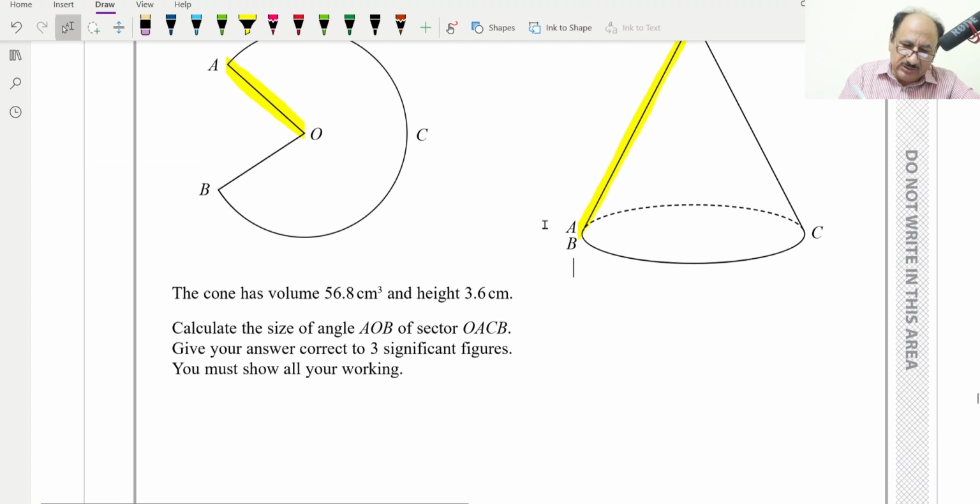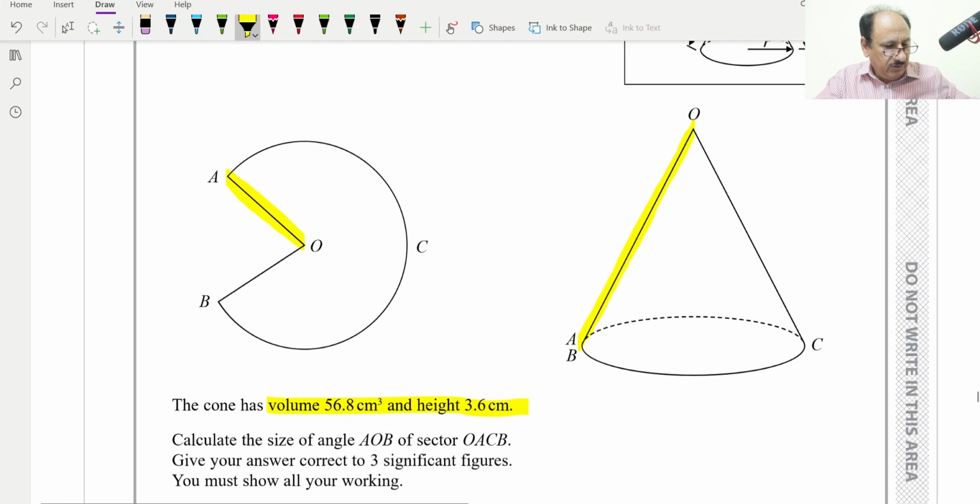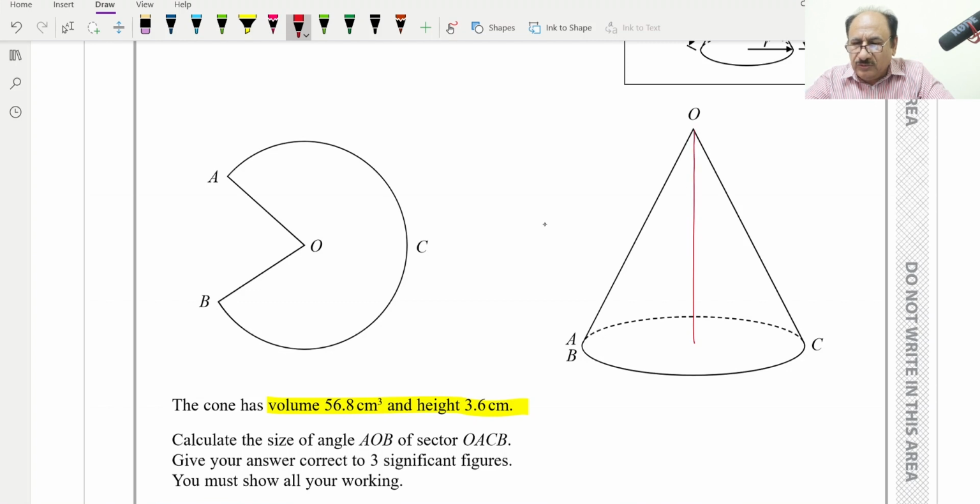So the question is, the cone has a volume of this. So the volume of the cone and the height of the cone are provided, and if we show the height of the cone, I will show. So from the midpoint roughly I'm taking this. So this is the height of the cone, this one.